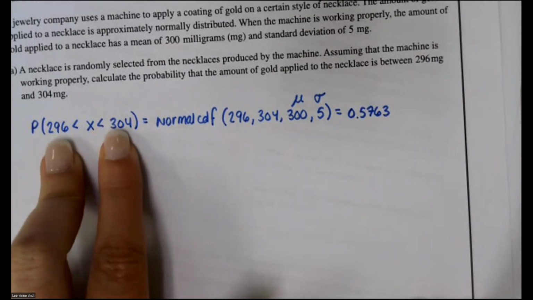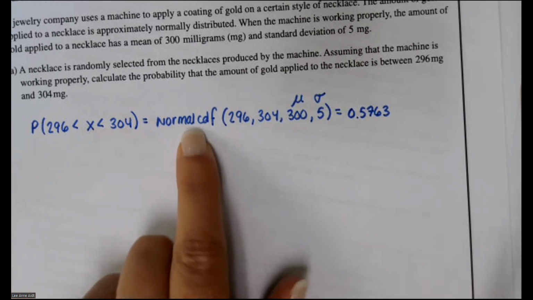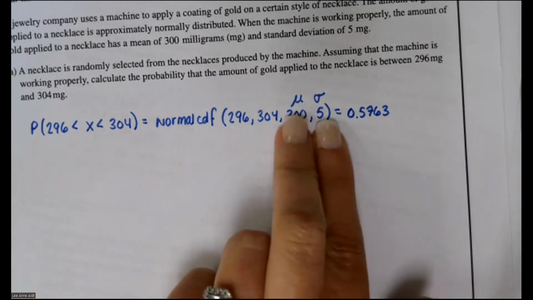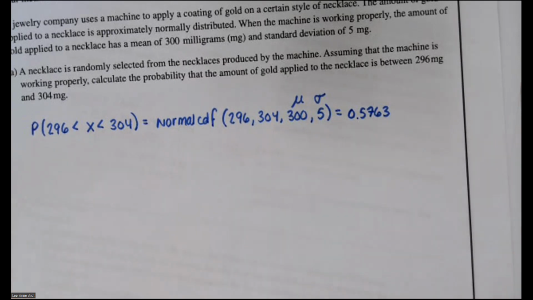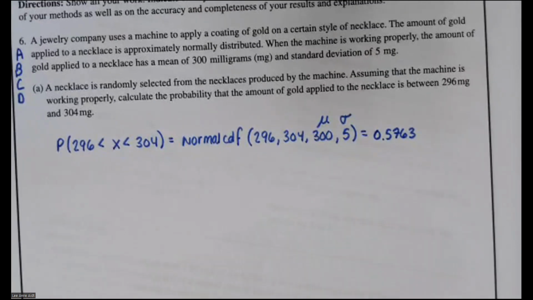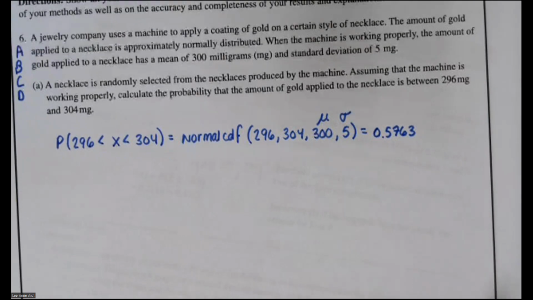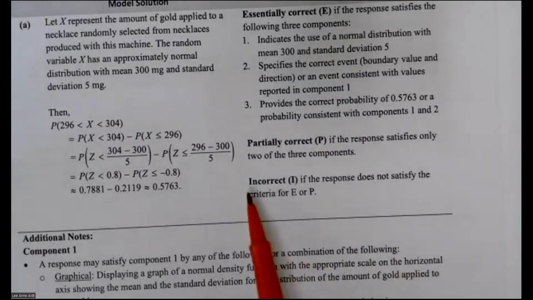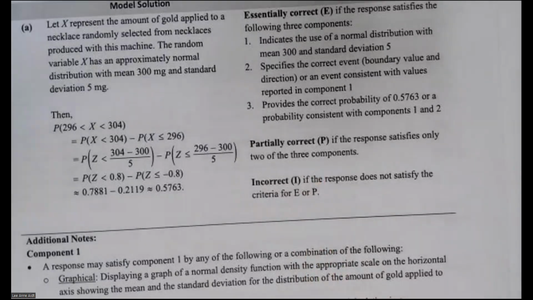So this is the correct direction. An event, normal distribution, labeled. I think if I had to guess, this one was so easy, it was hard. Okay, if you did 2 of the 3 of those, you got a P, otherwise an I.